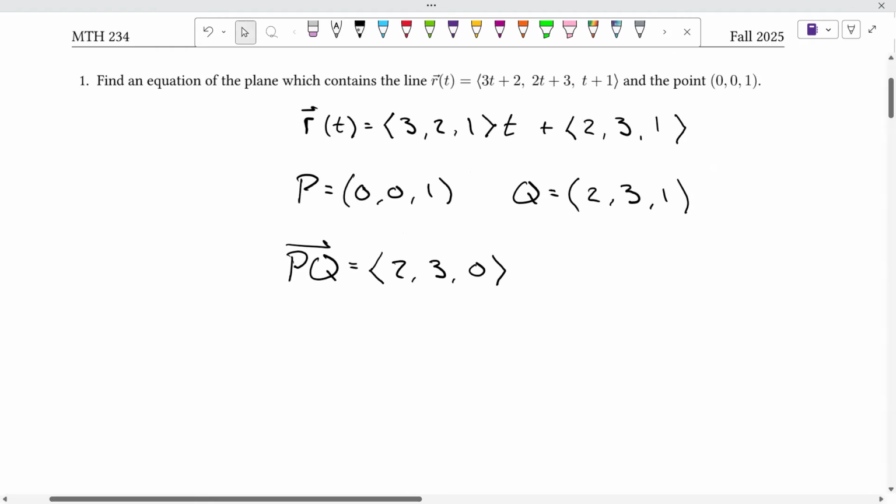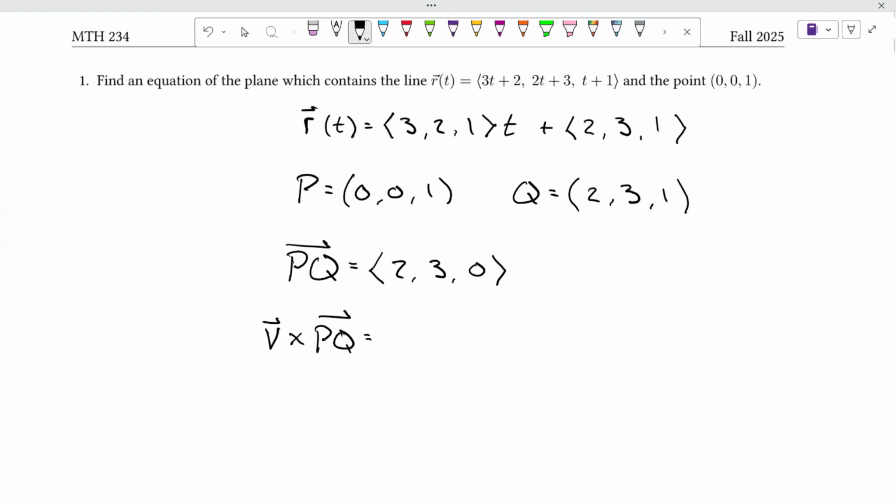And now I can get a cross product of two vectors because I have two of them. So I'm going to call this V cross PQ. V is going to be the vector that I take from my line, that direction vector (3, 2, 1). And PQ is already labeled, so I'll leave that one as is. That's i, j, k, 3, 2, 1, 2, 3, 0.